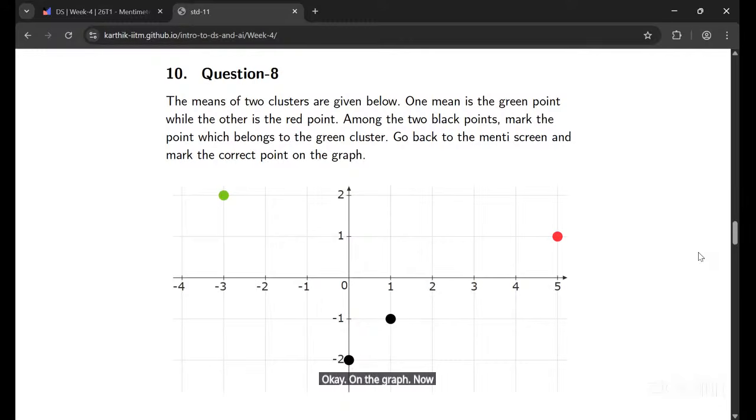Now you have to mark the point on the Menti which is going to belong to the green cluster. So what do you think, which point should belong to the green cluster from here? The 2 points are (1, -1) and (0, -2).